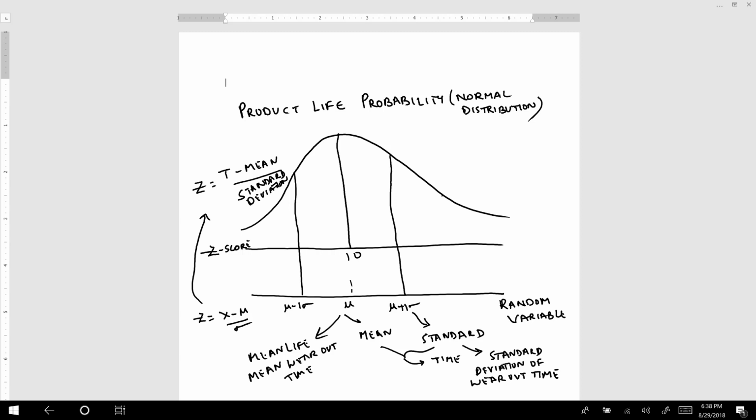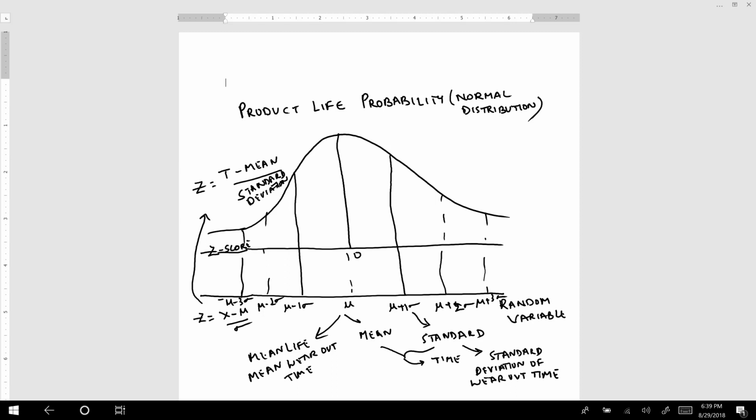Again, these will be mu plus 2 sigma, this will be mu minus 2 sigma, this is mu plus 3 sigma, and maybe I can extend this, mu minus 3 sigma.